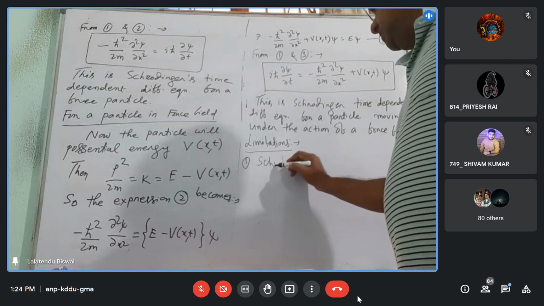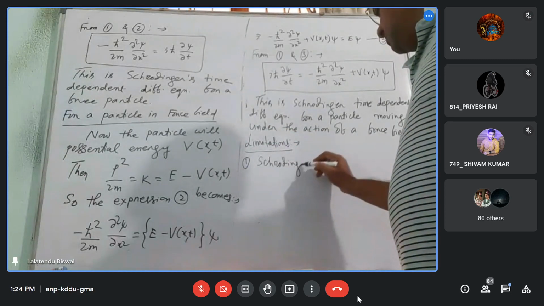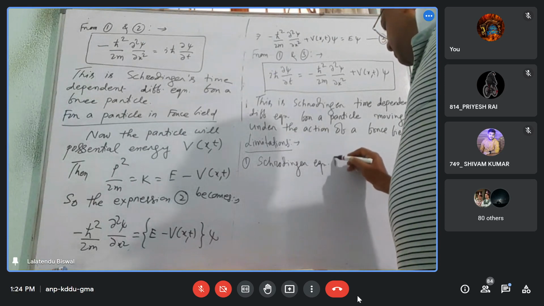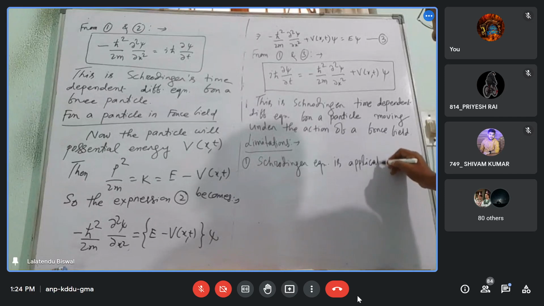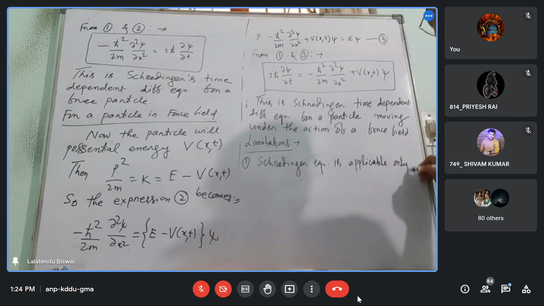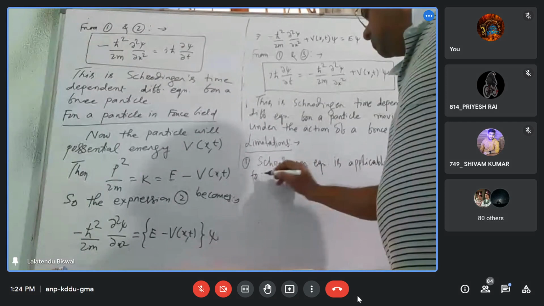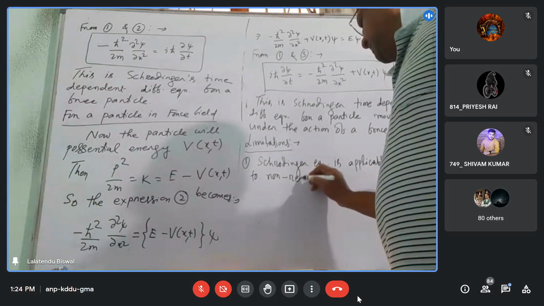Schrodinger equation is applicable only to non-relativistic problems.